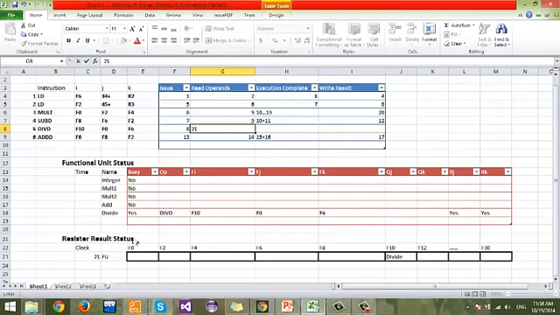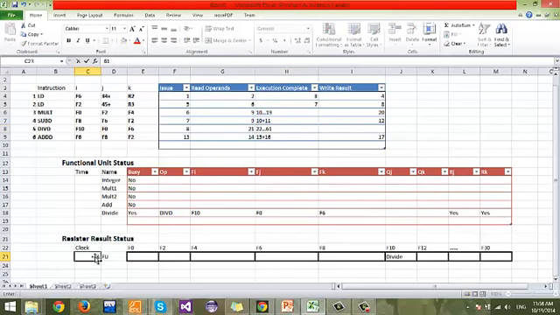And what happens in clock cycle 22? In clock cycle 22, div D enters the execution stage, and it goes on for 40 clock cycles, and at the end of 40 clock cycles, that means 61, execution is complete.